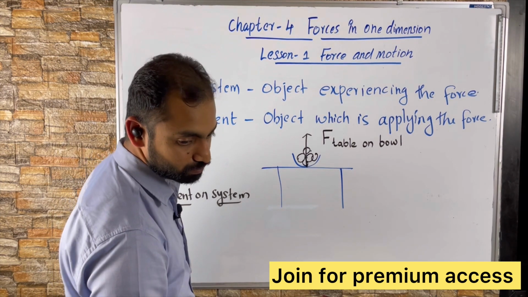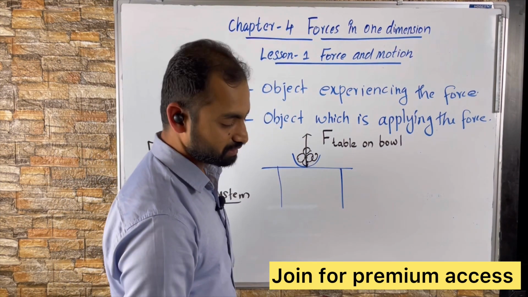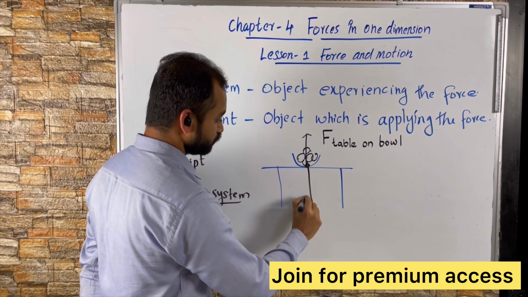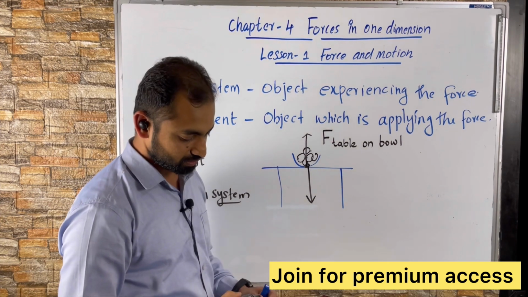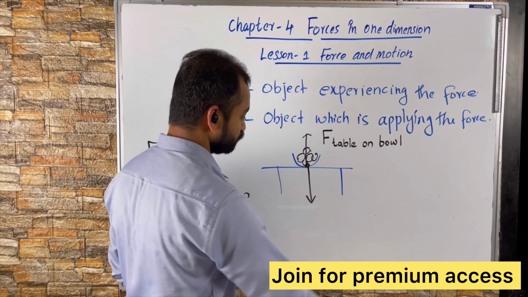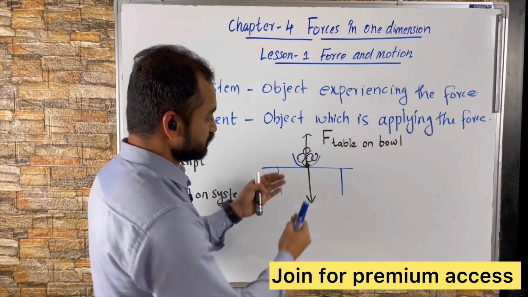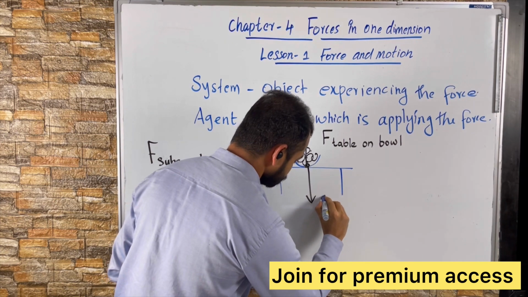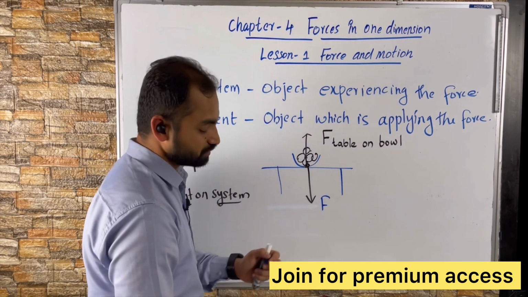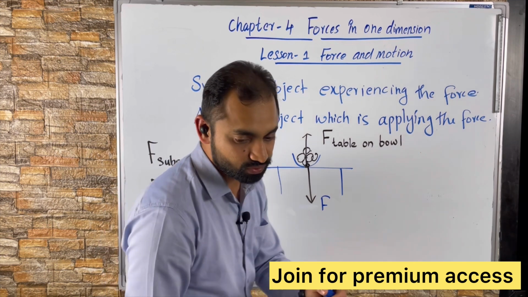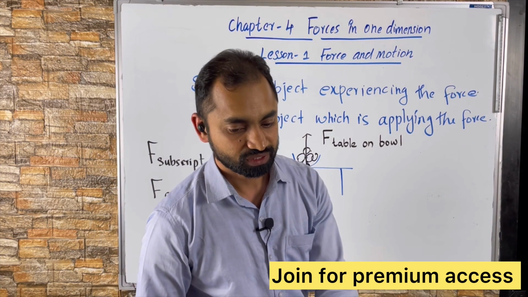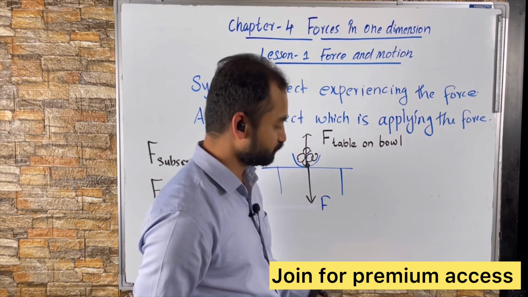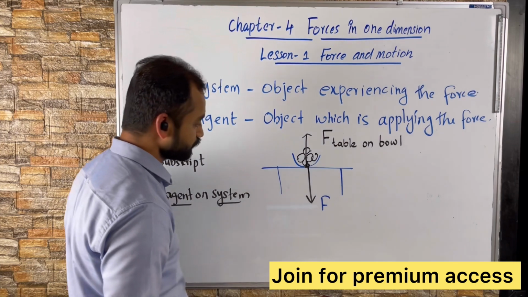Then one more force will be acting on this bowl, that is the weight of the bowl. Means earth will be attracting the bowl downward, correct? So this is a gravitational force. And one thing we forgot to write in the examples of non-contact force: gravitational force is also a non-contact force, so remember that.